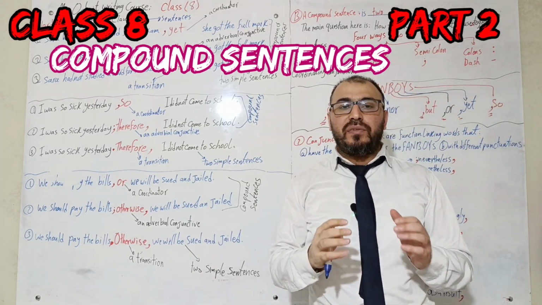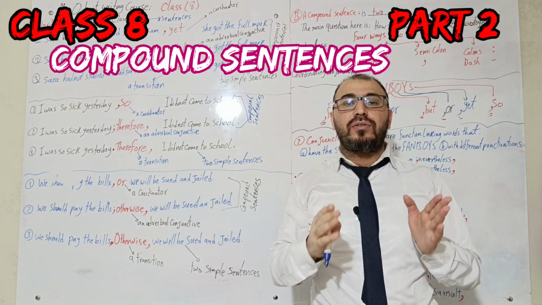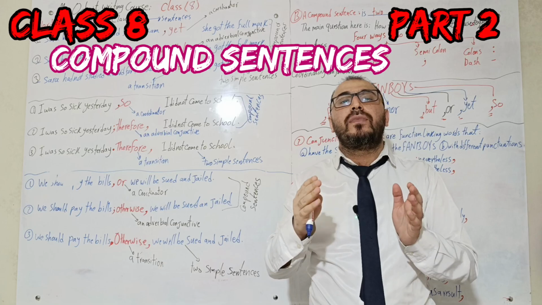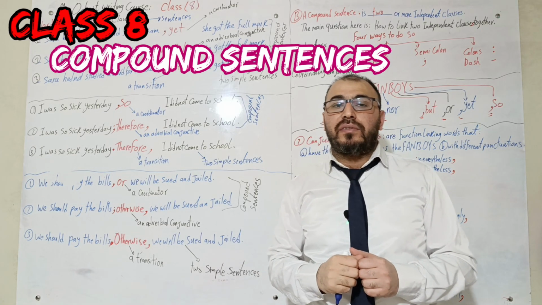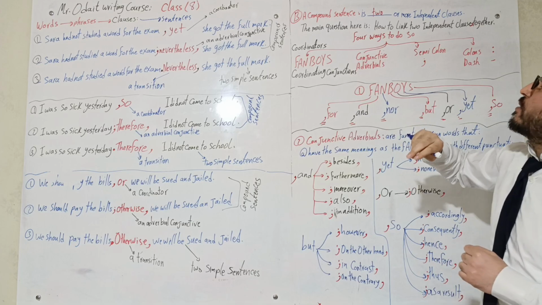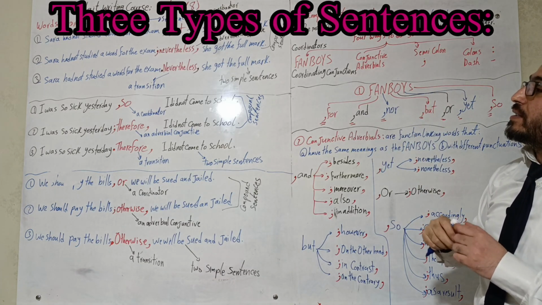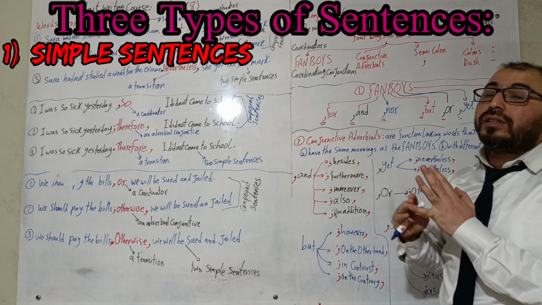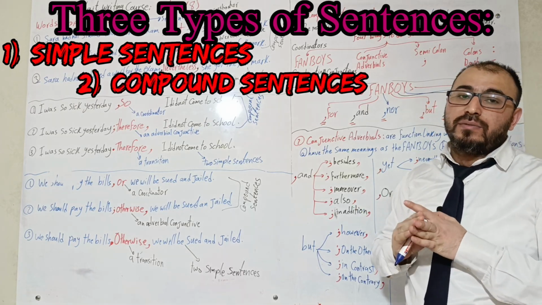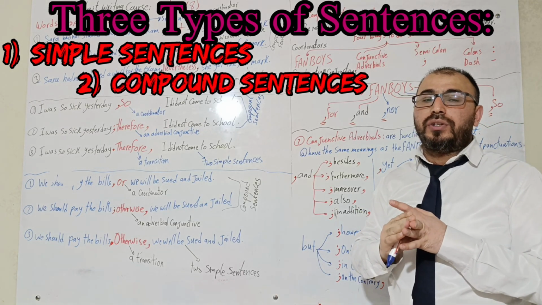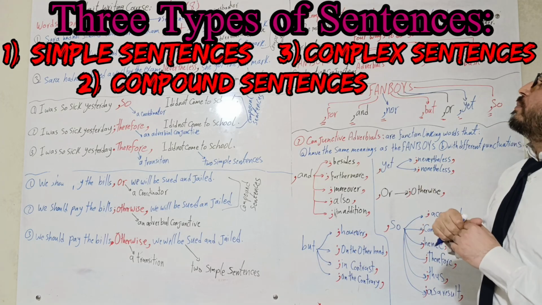Allow me, my friends, before I start our class today, to revise a few important points from class number 7. In class 7, my friends, we said that we have three types of sentences. The first type was called simple sentences. The second one, compound sentences, and the third one is called complex sentences.